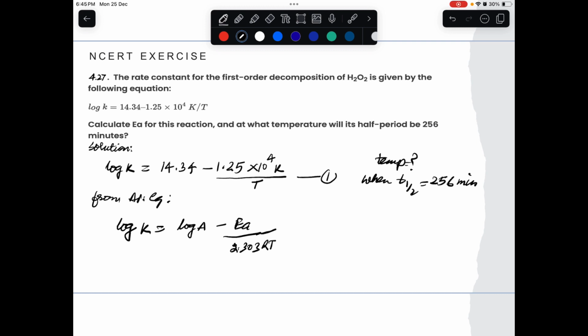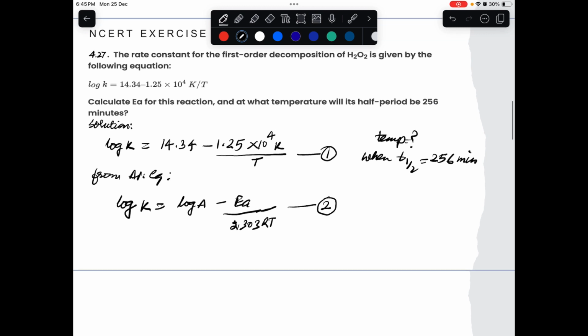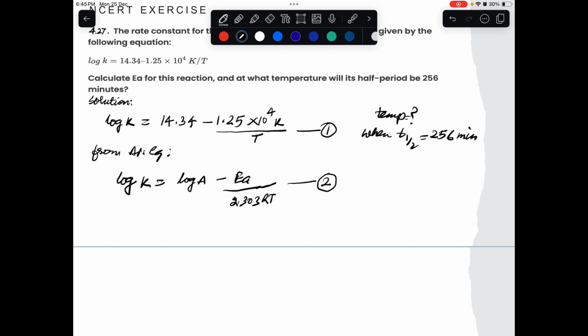We are writing in terms of log to the base 10. Okay. So now we are getting two equations, one Arrhenius equation in the log form and one is given to us. So from both these equations, in the same way as we did before, we can find out the energy of activation.